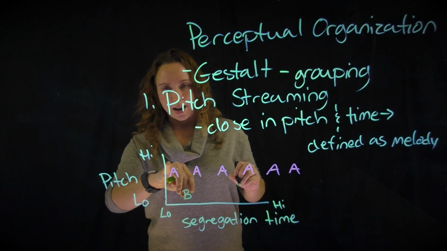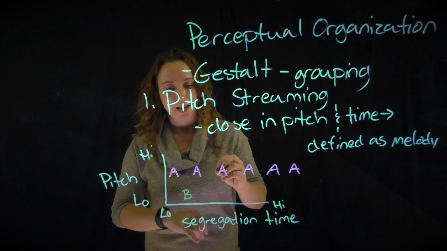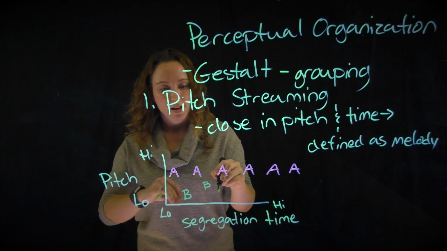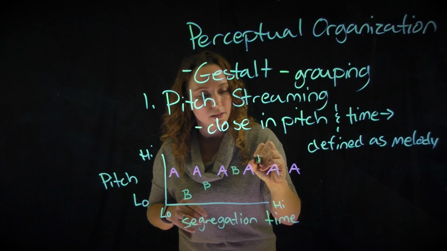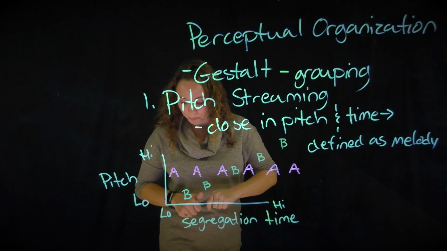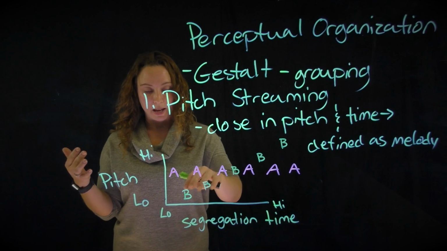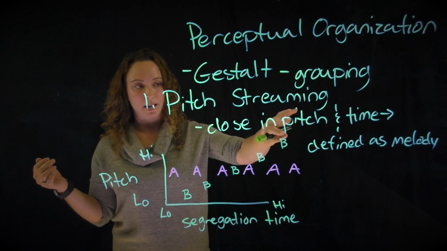And then each time, in between A, you're going to hear A, B, A, B. B is going to climb slightly in pitch. And it's going to get higher and higher, like this. Okay? So now you have two tones, A and B. A is staying constant in pitch, but B is climbing in pitch.